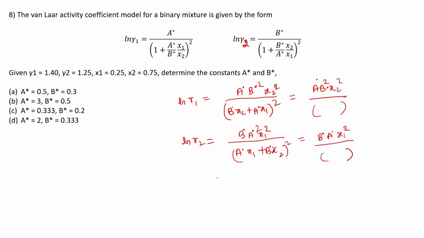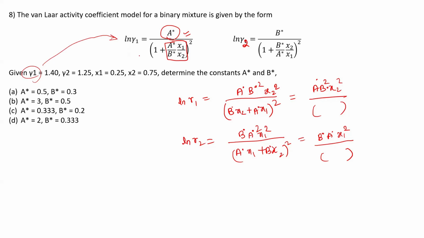Now, what I want is, see in this equation, this is the term depending on the composition and all. So if I know this term, then I can find A star because I already know the gamma 1, right?